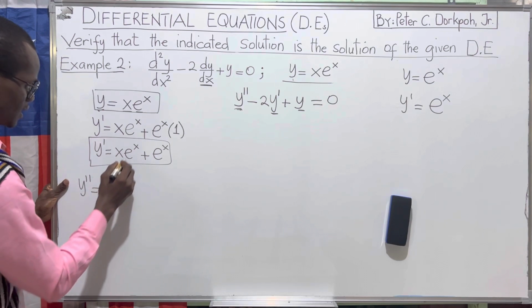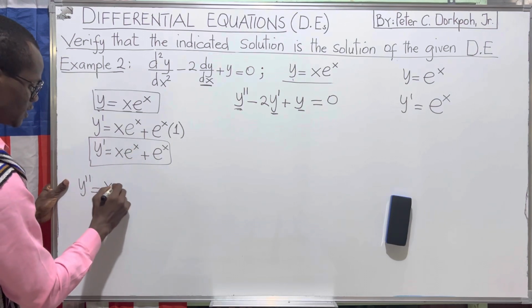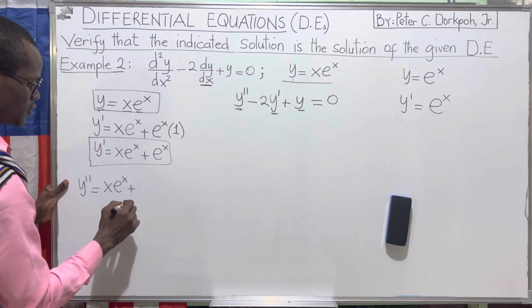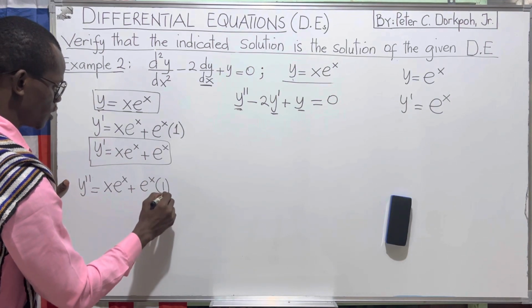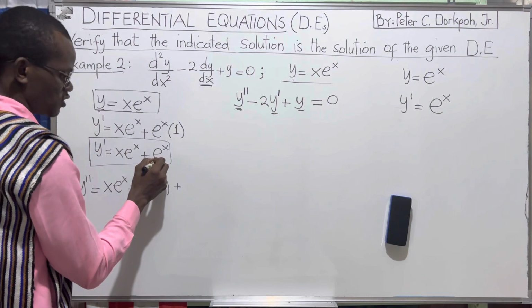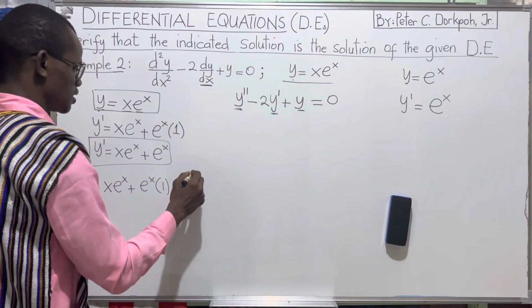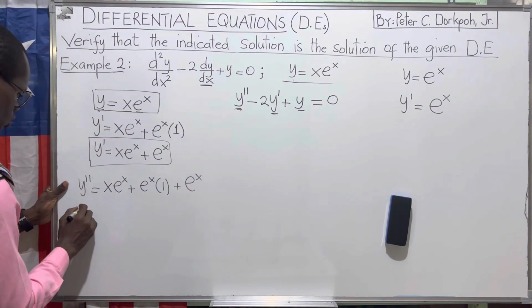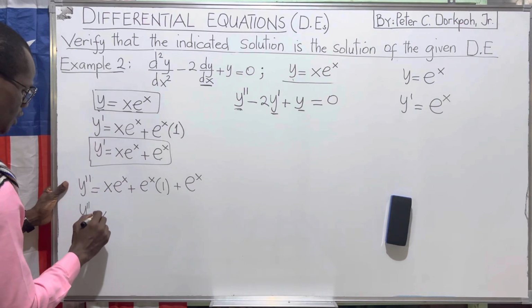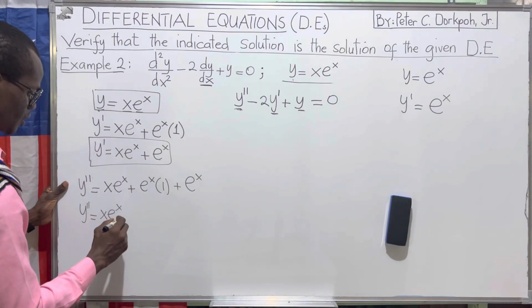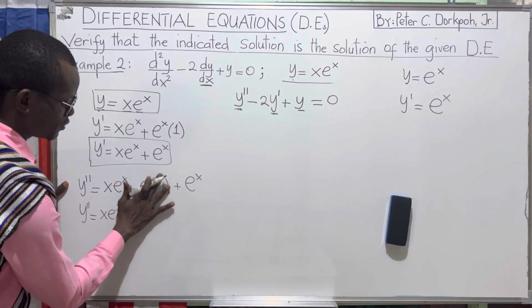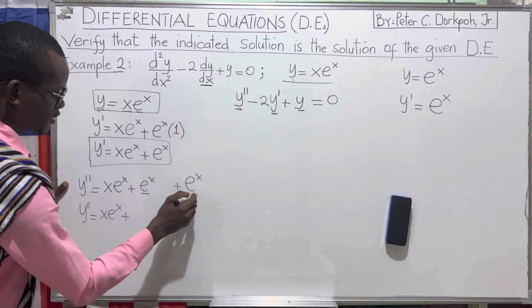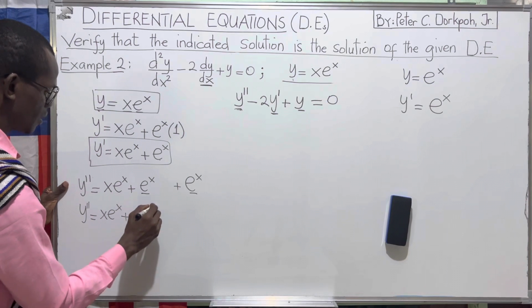We hold x and differentiate e raised to the power x, which is e to the power x, plus we hold e raised to the power x and differentiate x, it gives us 1, plus we differentiate e raised to the power x, which gives us the same e raised to the power x. So y prime prime is equal to x e raised to the power x plus e raised to the power x times 1, which is e raised to the power x. This and this are like terms, so you have 2 e raised to the power x.